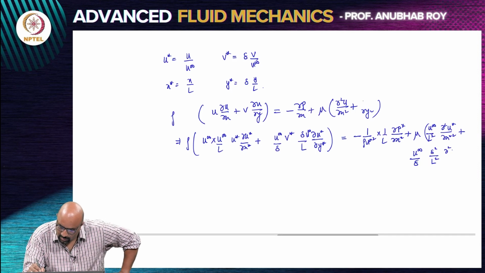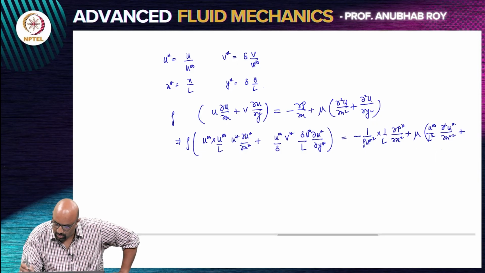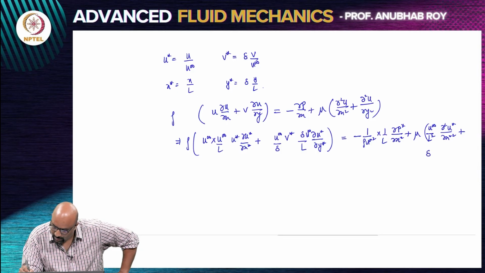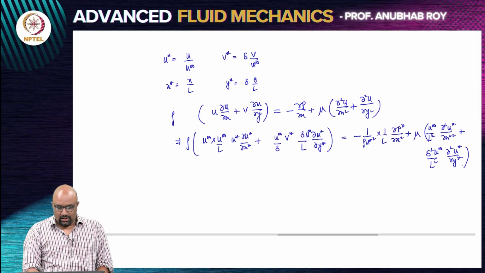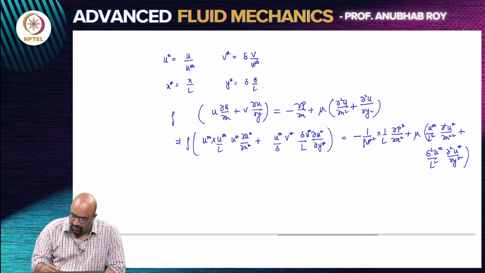Okay, hang on. This is dou square u, so this is dou square u dou y square. So that would be delta square u infinity by L square dou square u star dou y star square.